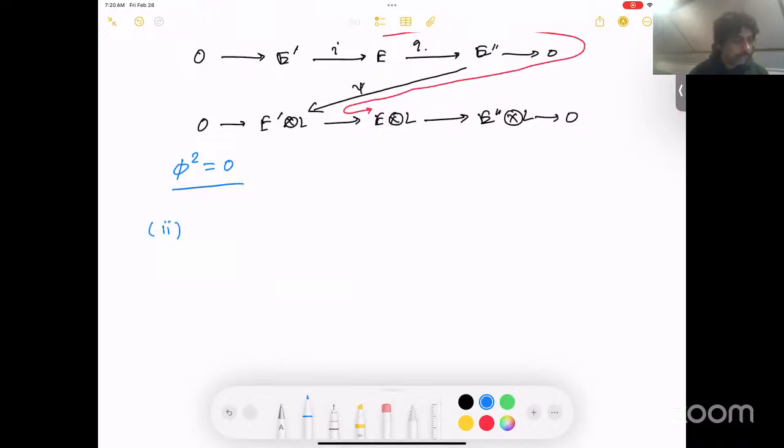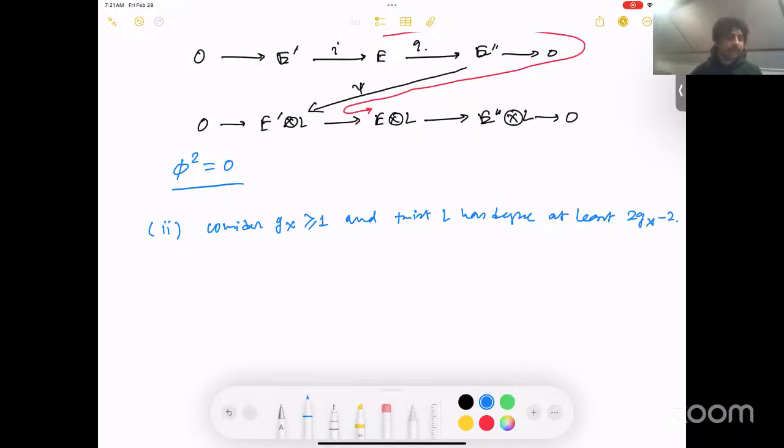Now this principle actually works to prove the following statement. So we consider the genus of X is at least 1, and the twist L has degree at least twice gX minus 2.